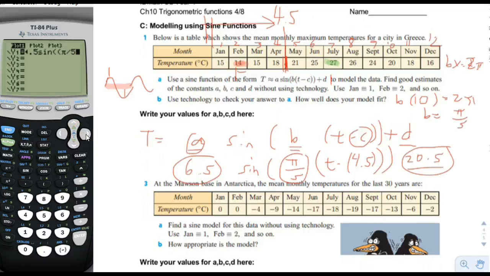Pi divided by 5. Then multiply that times x minus 4.5. And then we add 20.5.